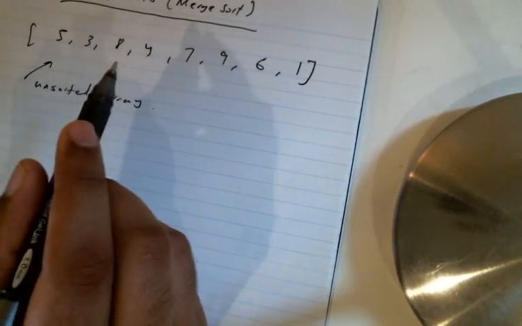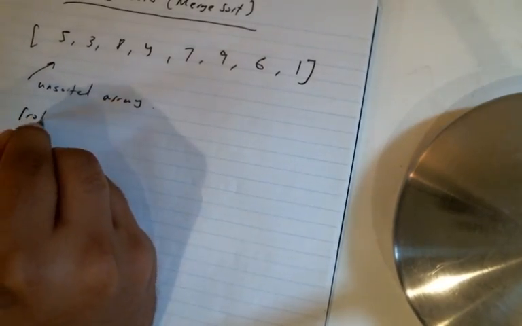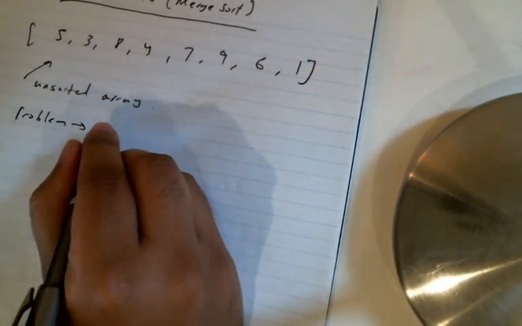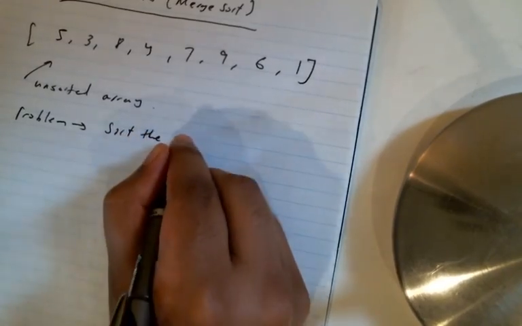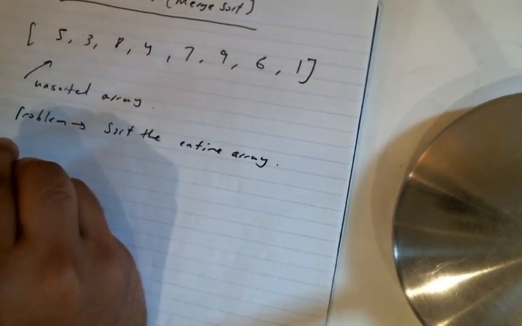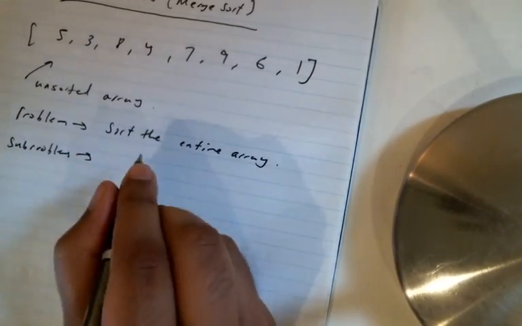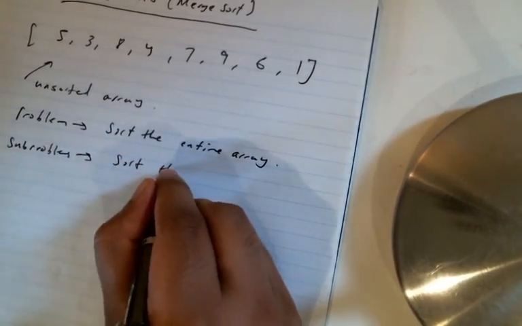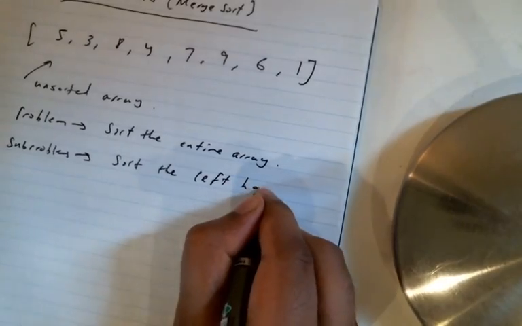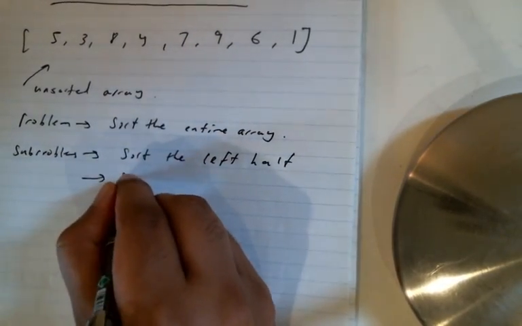The idea is, imagine we could divide this problem. Our problem is to sort the entire array, right? Let's say we had some sub-problems, which is to sort the left half of the array and to sort the right half.